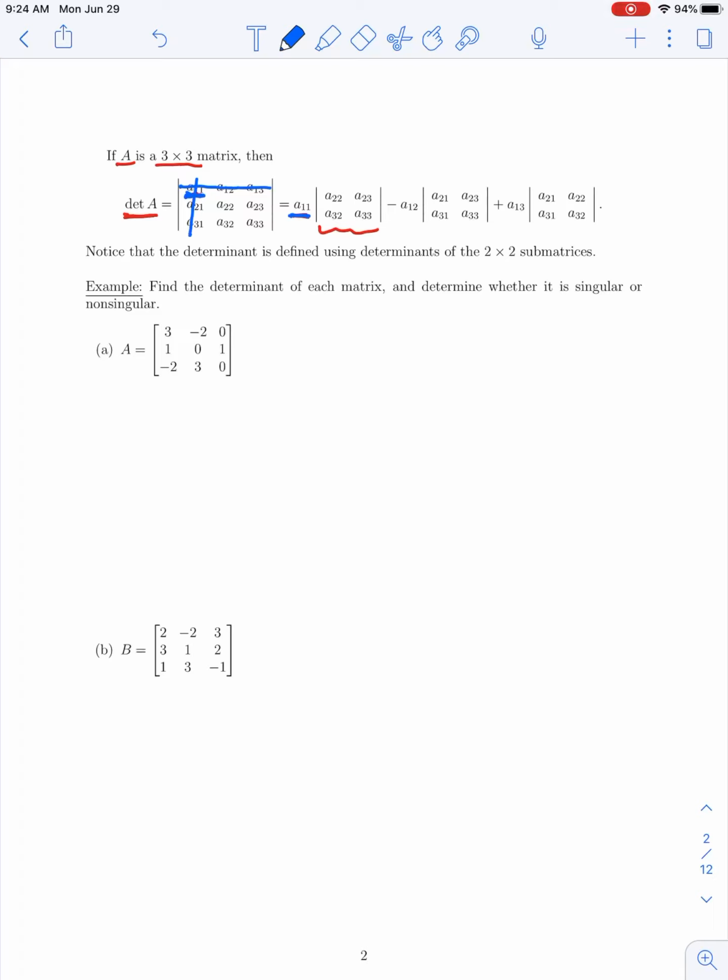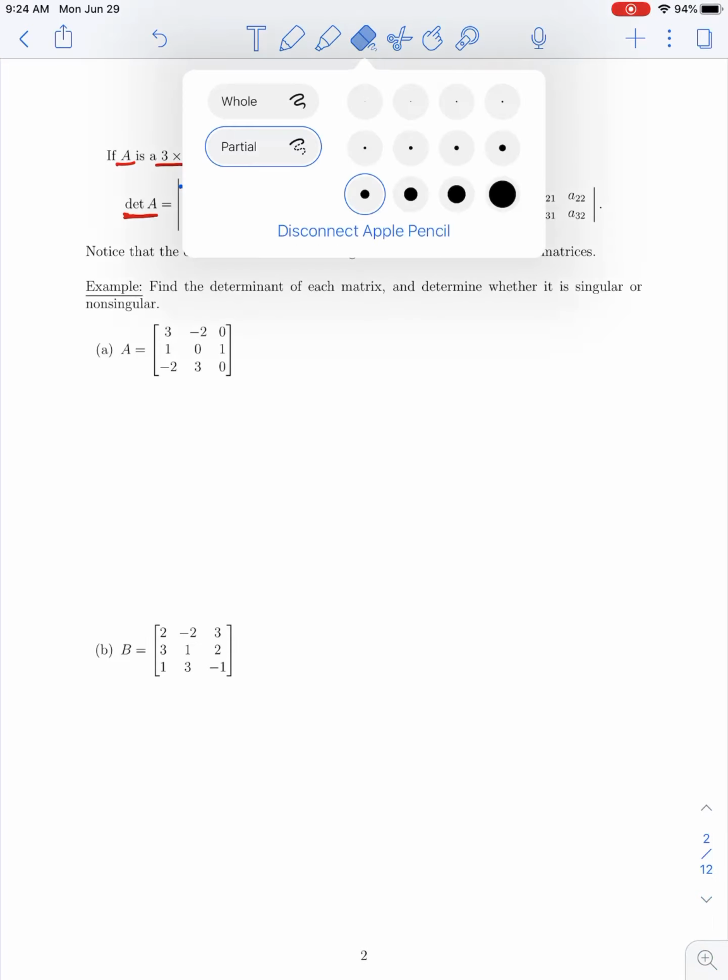So I'm left with this 2 by 2 submatrix in the bottom right corner, and I would take the determinant of that 2 by 2 submatrix multiplied by the A11 entry.